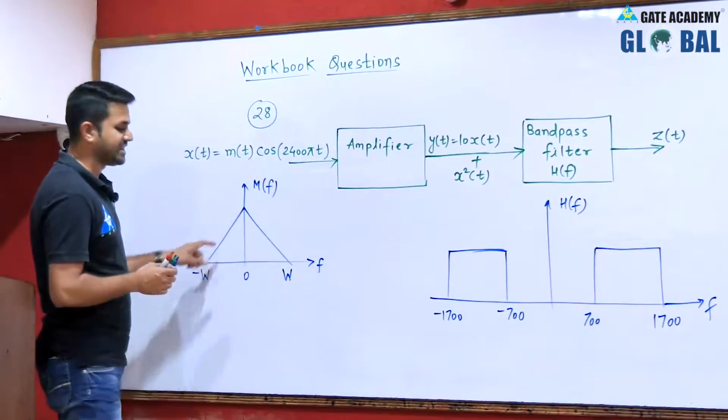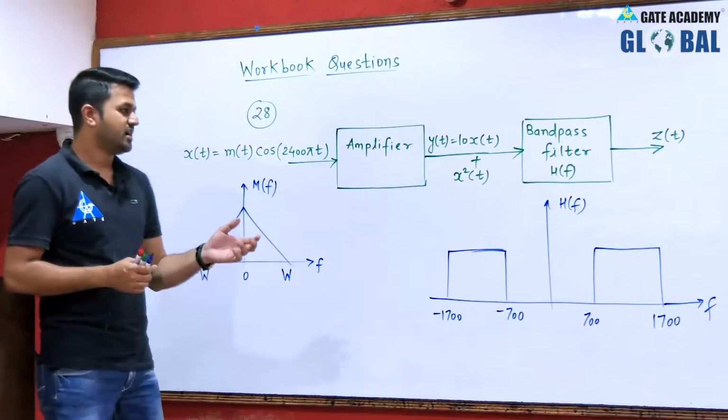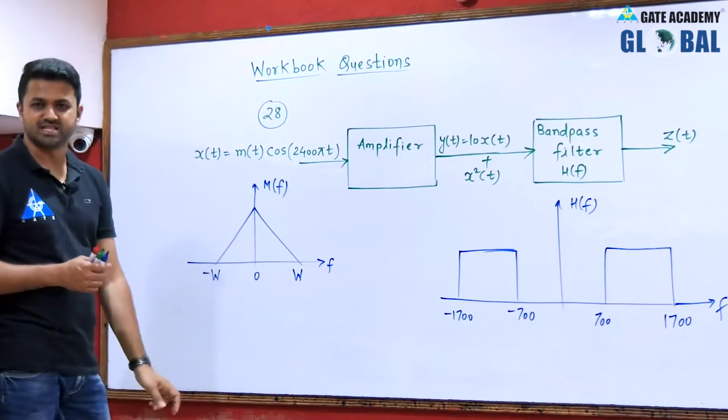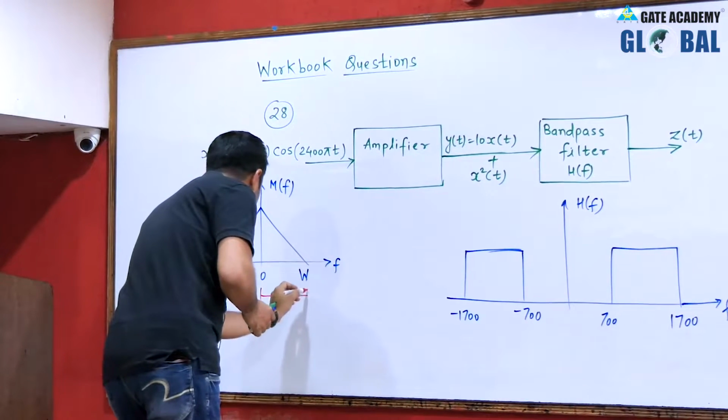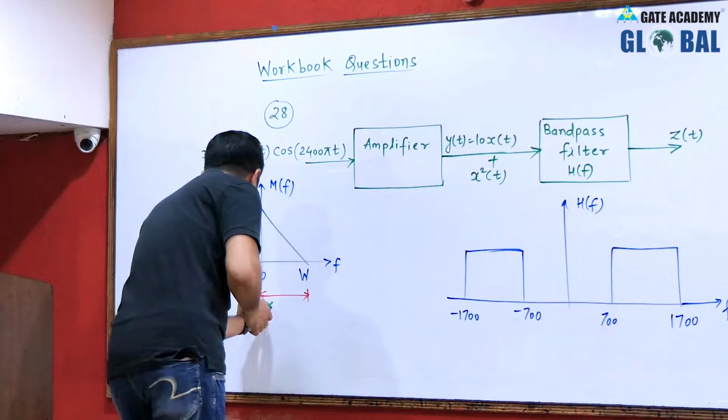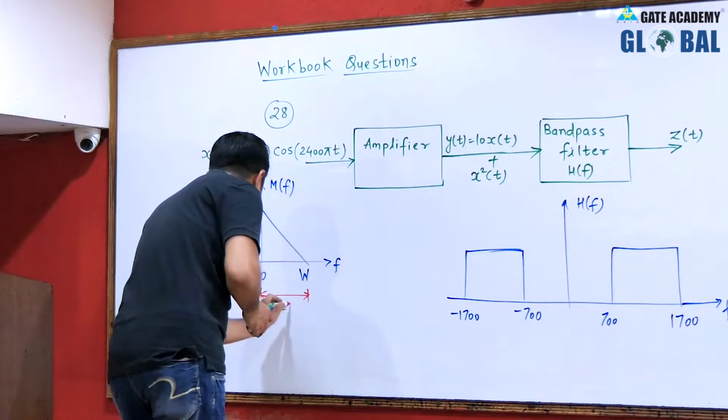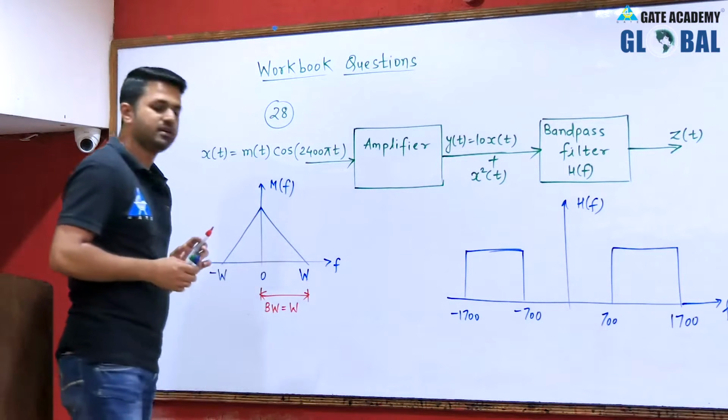We are assuming a triangular spectrum, which we always use to analyze, and this is the bandwidth. The bandwidth of this signal is W as given in the question.